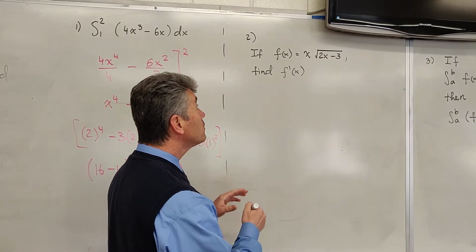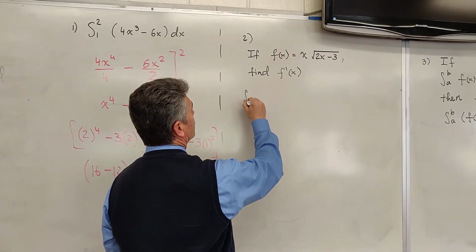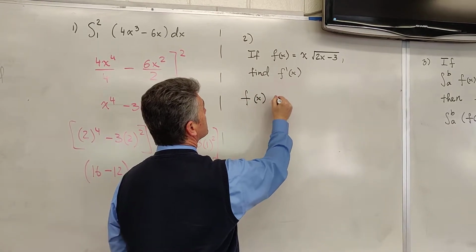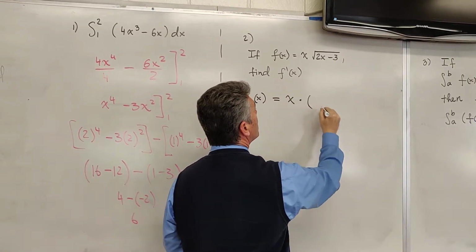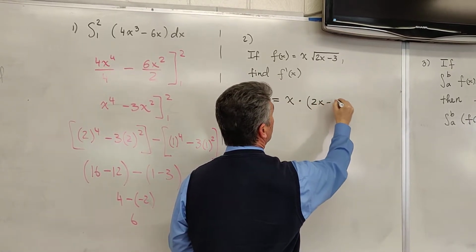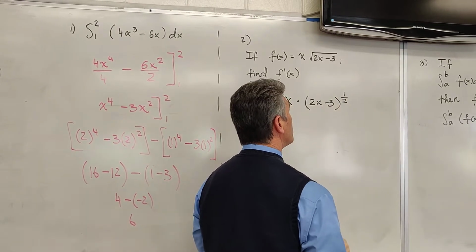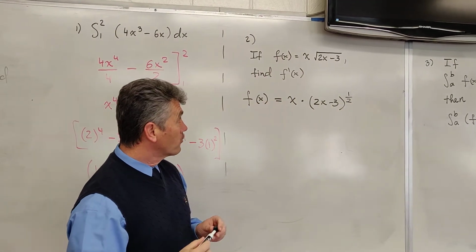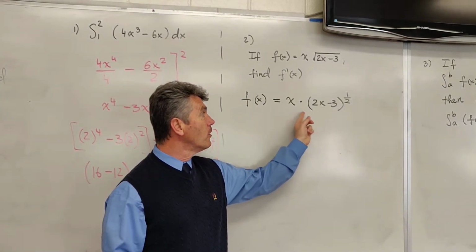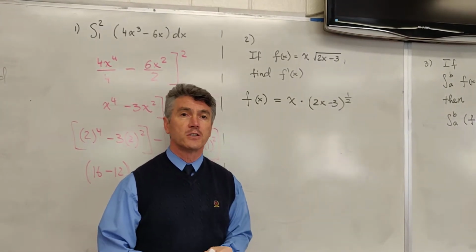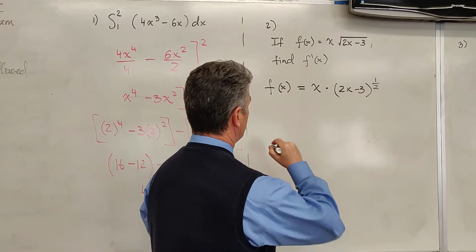The first thing that we're going to do is we're going to rewrite f of x. F of x is equal to x times the quantity 2x minus 3 raised to the power of 1/2. Why did we rewrite it? I rewrote it so you can see that we're going to use not only the product rule, this is a product of two functions, but also the chain rule. So we start.